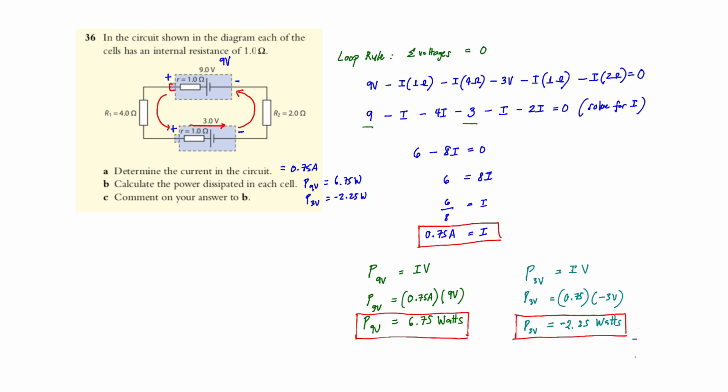And what does negative mean? So comment on your answer to B. The power in the lower cell, or the power in the 3 volt battery cell, is negative, and that implies that it is being charged.